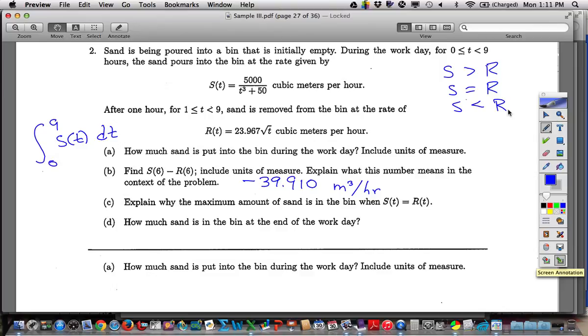Actually, I like one of their explanations. One of their explanations was this: before the time when S is equal to R, the rate at which the sand is being poured in is greater than the rate it's taken out. After the point where S equals R, the rate it's taken out is greater than the rate it's going in. So that's what I was just telling you. Therefore the max is when S equals R. So that would be acceptable, I think.